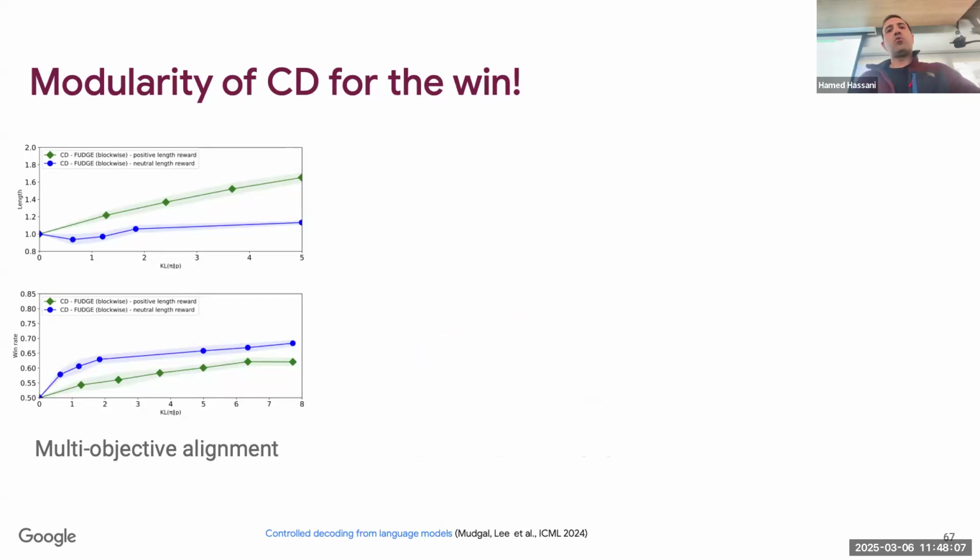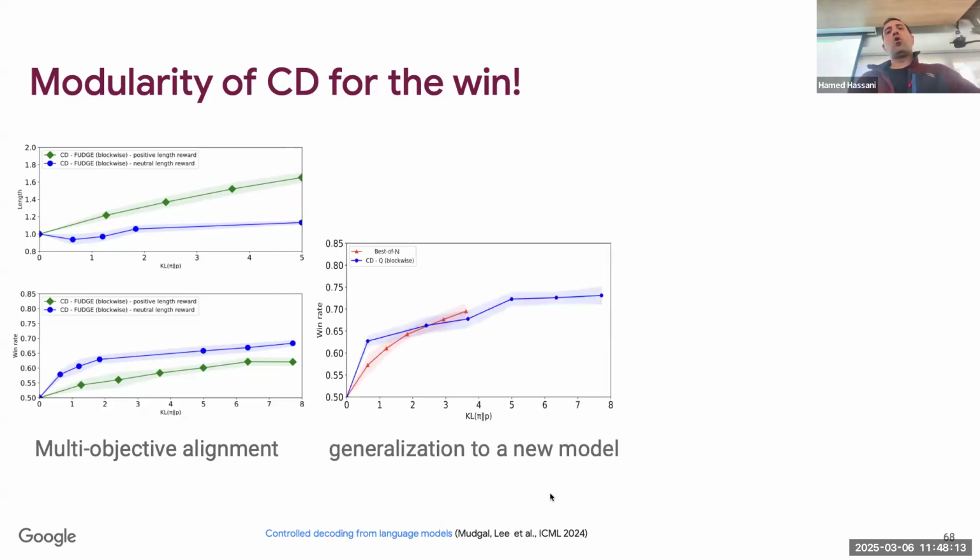And that gives you a new aligned model for two rewards for free. Or you can take a value function that you trained on one model and just apply it to another model. And it actually also gives you good performance out of the box.